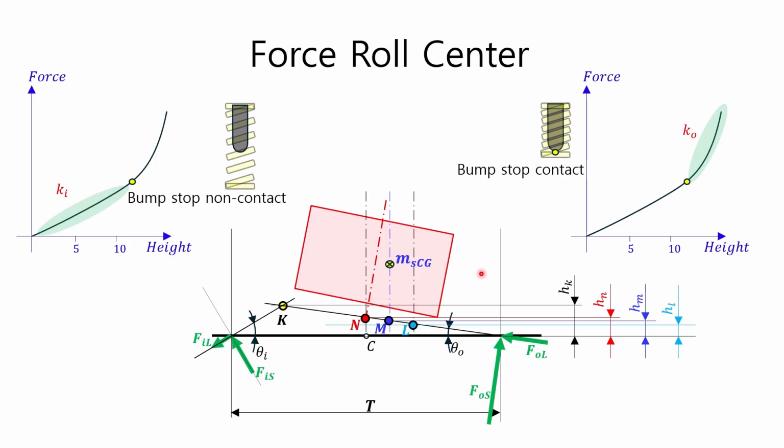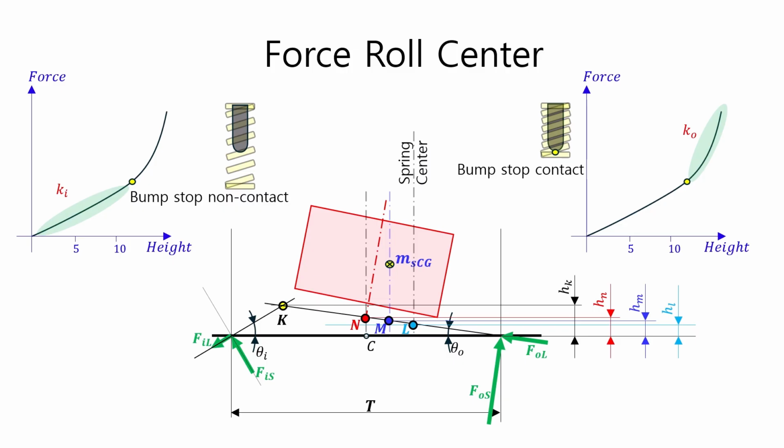Therefore, if a vertical force is applied upward at point M, the sprung mass will roll, causing the sprung mass to rotate clockwise. Although point M is vertically below the center of gravity, the stiffness of the left spring is less than that of the right spring, so the sprung mass will rotate clockwise. Therefore, point M cannot be considered a force roll center either.